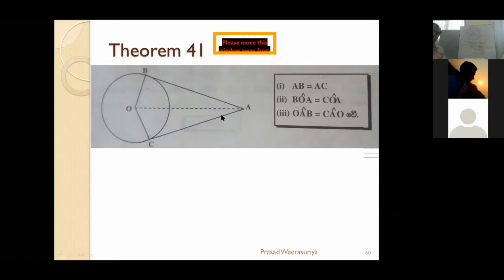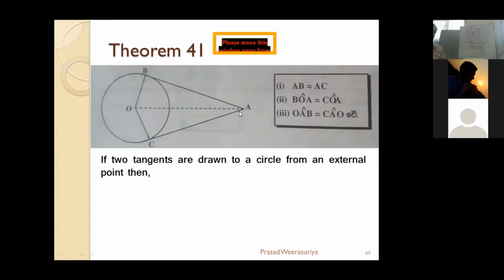So these two angles are equal, right? That means the angle between the two tangents is bisected by the line joining the center and the exterior point, right? The angle between two tangents is bisected by the line joining the center and the exterior point.